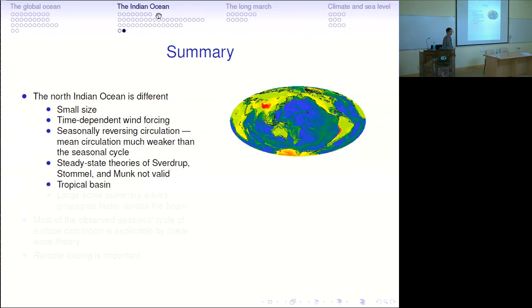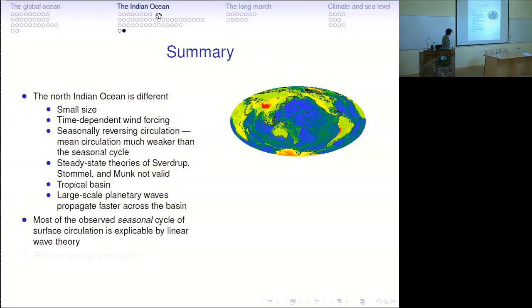It's a tropical basin, which implies that large-scale planetary waves propagate faster across the basin. 1 by y squared, that's the proportionality of the speed of the Rossby wave. Most of you observe the seasonal cycle of surface circulation in the Pacific and Atlantic as explained by linear wave theory. Remote forcing is important. Even if I want to understand just what happens off Goa, I need to understand what is happening over the entire basin. I cannot ignore it.